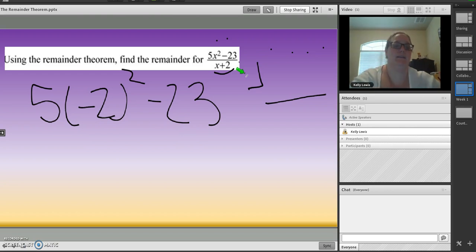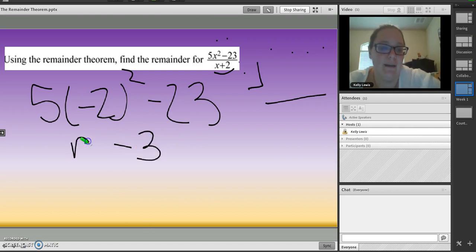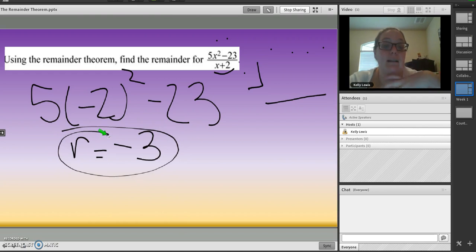All right, so this here, I get negative 3, so I get the remainder. And so it just asks for the remainder. I'm telling you, just FYI, since the remainder is not 0, then that means x plus 2 is not a factor, and that x equals negative 2 is not a 0.